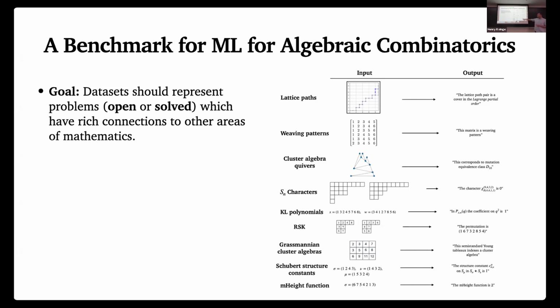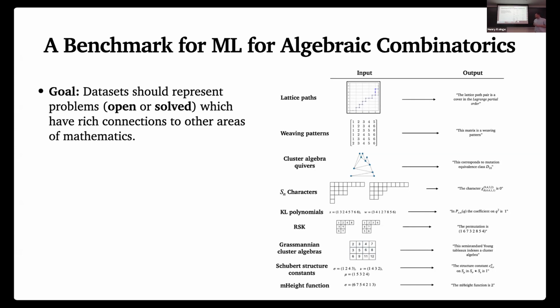This Grassmannian cluster algebras problem actually comes from the clustering cluster algebras paper, for those who know it. So we're interested in bringing in outside data sets as well. Schubert structure constants just looks at, given two Schubert polynomials, can you predict the structure constants, for which a combinatorial interpretation is an open problem.